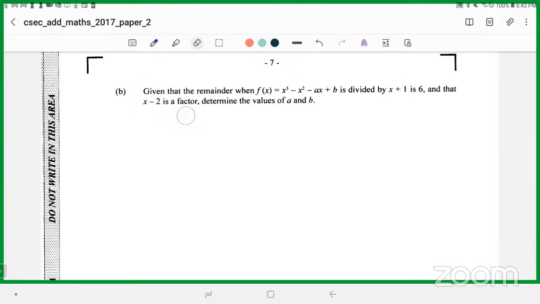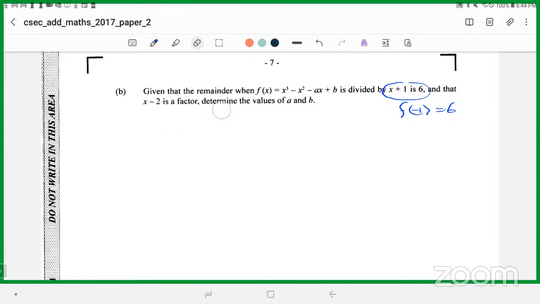So simply put, we're going to have two unknowns in it, a and b. And so we need two equations. This information is going to give us one equation. This is going to give us a second equation. So let's lay it out. This part of it means that f of minus 1 is equal to 6. This part of it means that f of 2 is equal to 0. That's what they have said essentially.